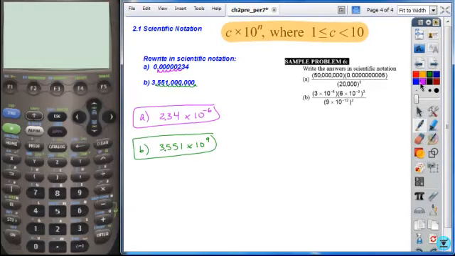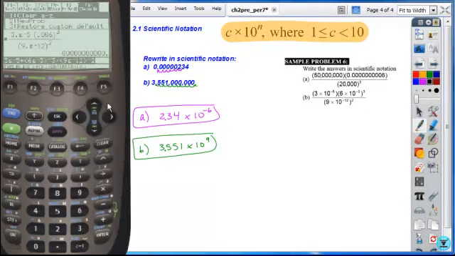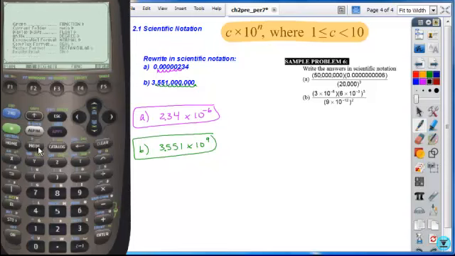All right, on the TI-89, scientific notation can be done a couple of different ways. If you want everything to be displayed in scientific notation, you can change the mode. If I go into the mode button and come down to exponential format, the default is normal, but if you turn it into scientific, it'll give you every single answer in scientific notation.